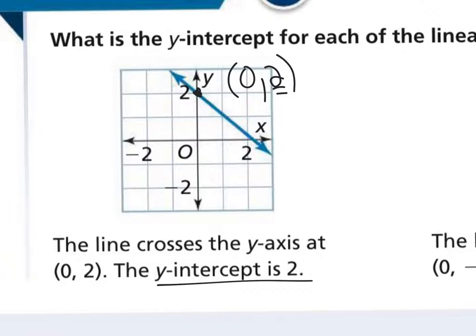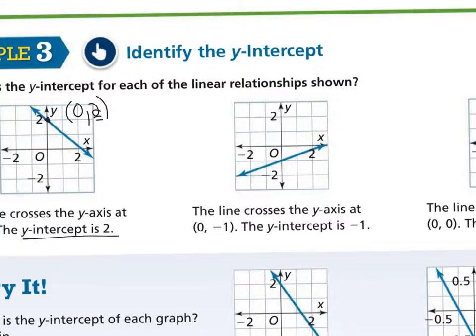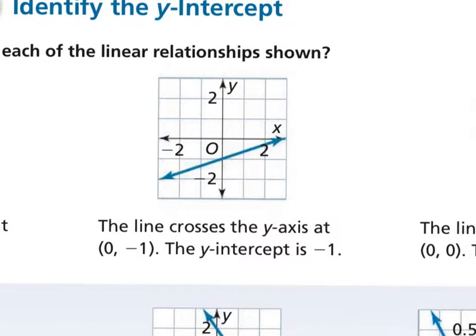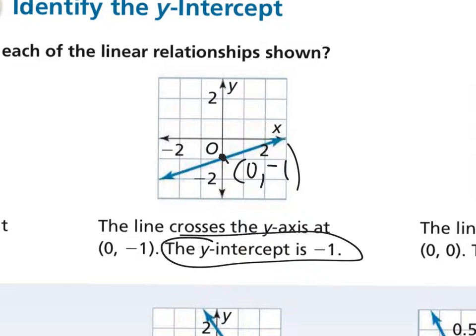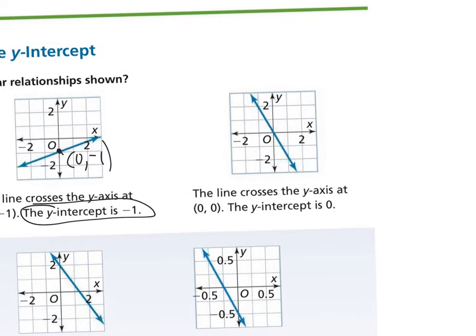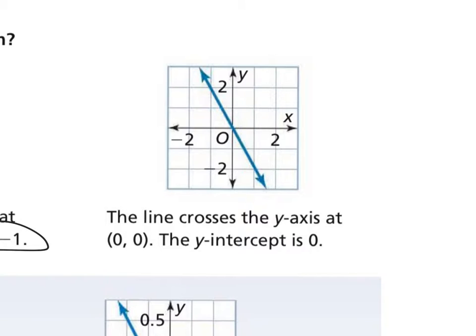So the y-intercept is 2. The second one here, where does it hit the y-axis? Well, it's hitting at the point (0, -1). So our y-intercept is -1. And the last one is going through the origin, point (0, 0). So that's hitting the y-axis at 0, so the y-intercept is 0.